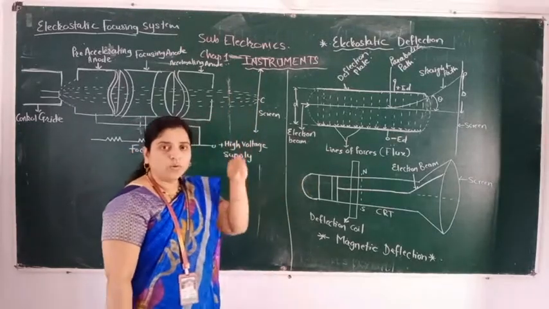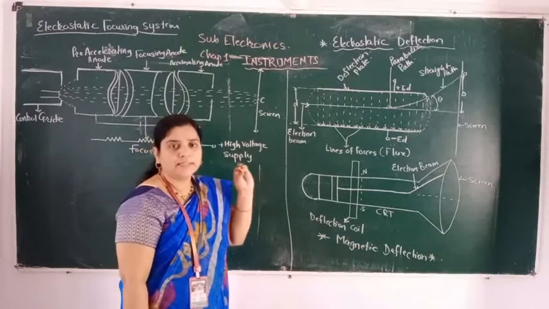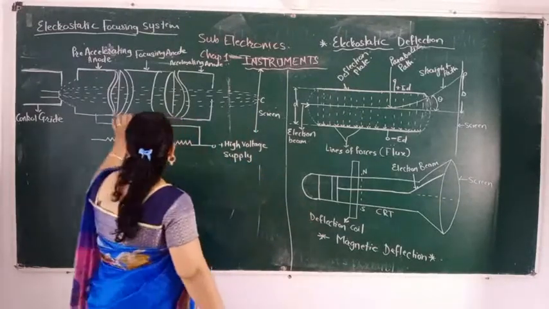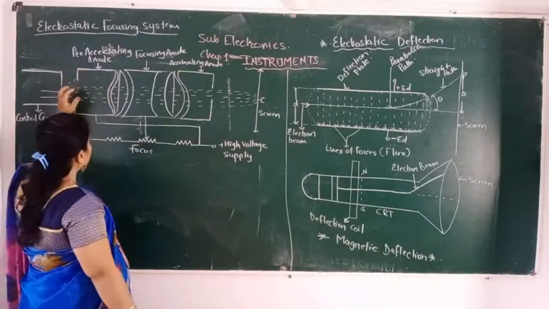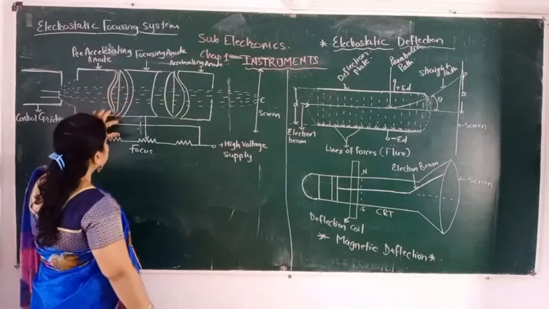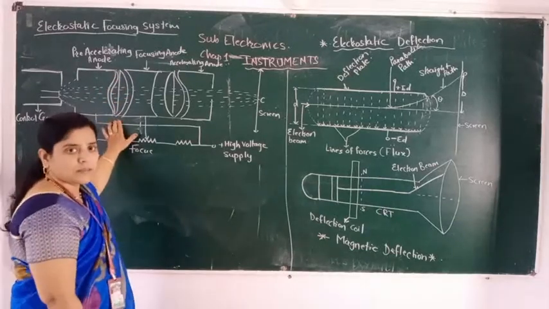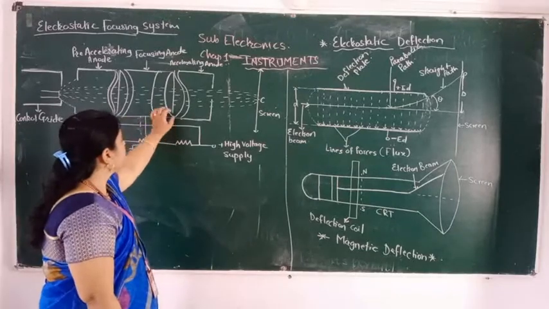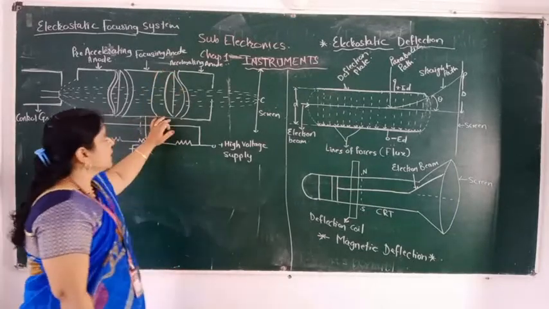In the CRO, we do not see the electron beam, we see the image of that beam. So the pre-accelerating anode gives the path. It has some small focusing. These are sharp and small opening anodes.